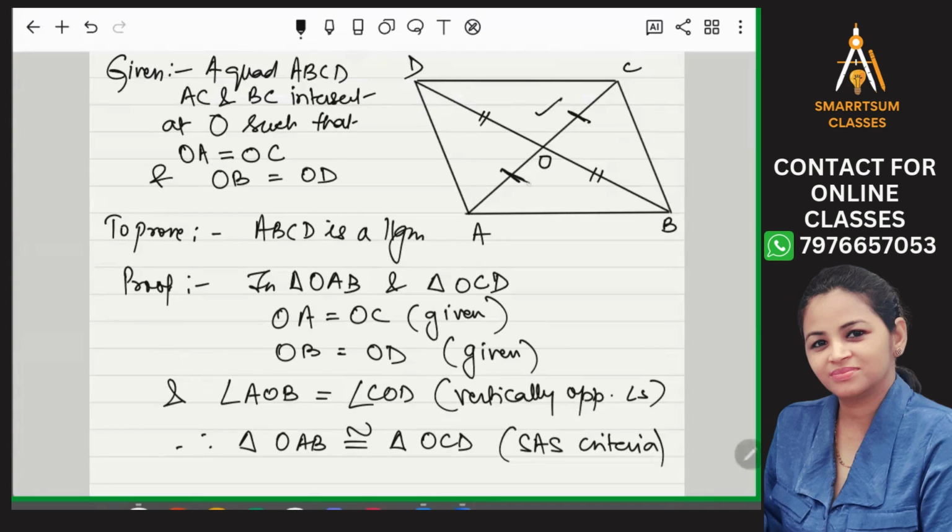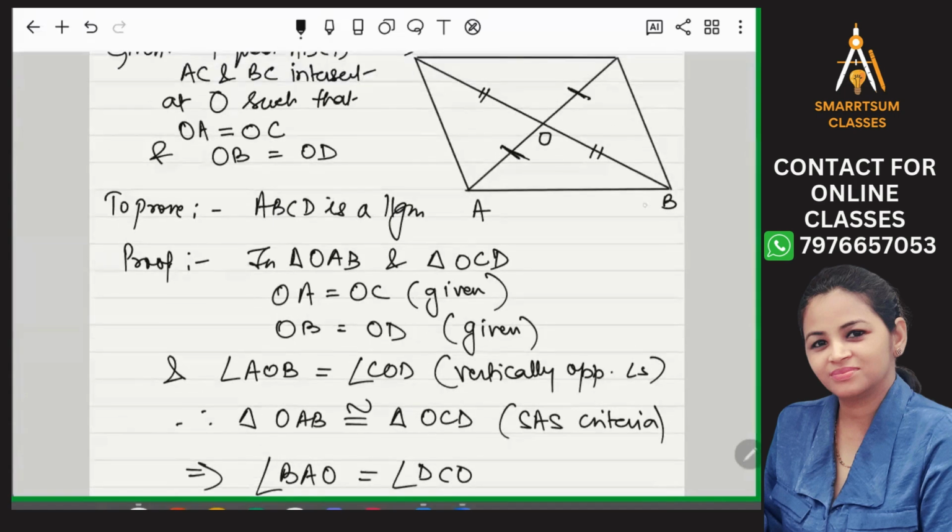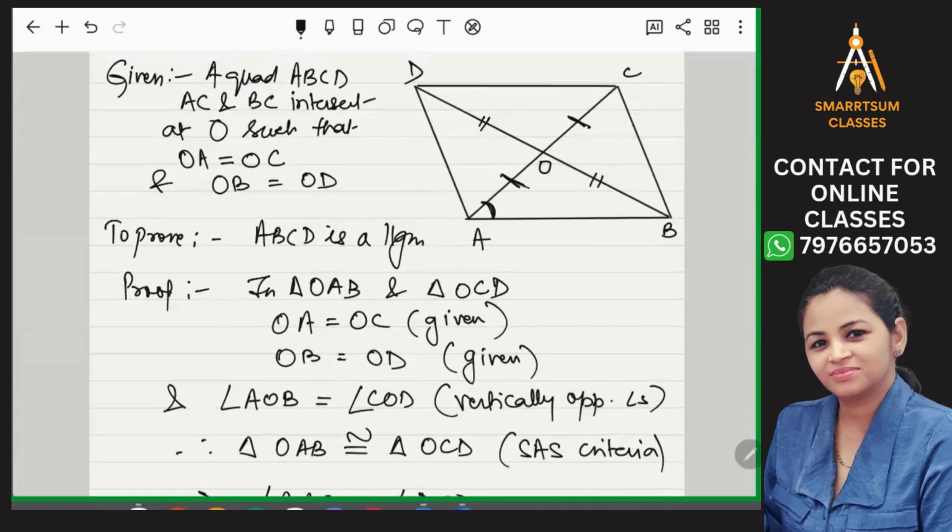Now, since these two triangles are congruent, by CPCT, meaning corresponding parts of congruent triangles are equal, we can say that angle BAO is equal to angle DCO. BAO, this angle, is equal to DCO, this angle. So we have proved that BAO is equal to DCO by CPCT.